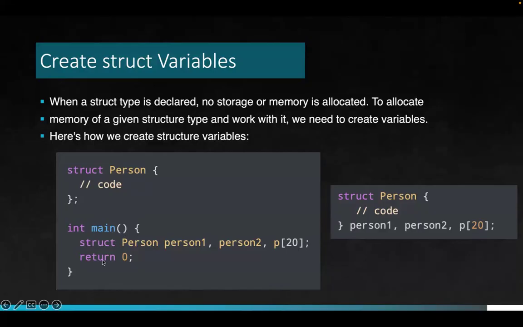So in the main function, struct person, this person is a structure name, and corresponding variables associated to the structure are person1, person2, and p of 20. Now return 0. The same can be done in another format also. Struct person structure name, and at the end you can associate the variables like this as well, which is person1 comma person2 comma p20, which is an array.